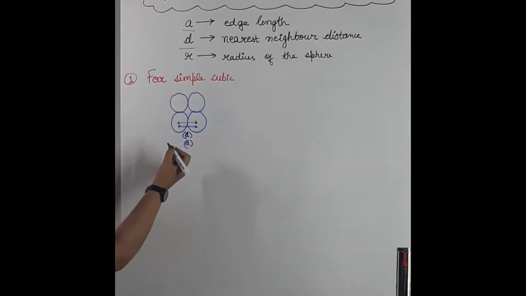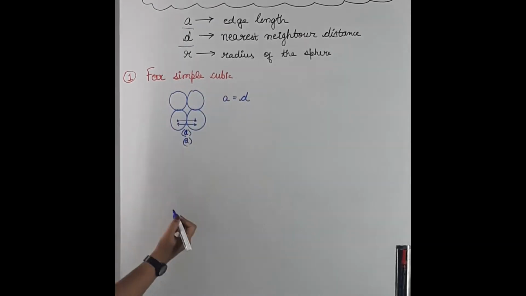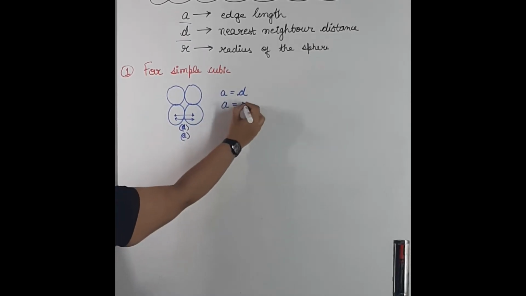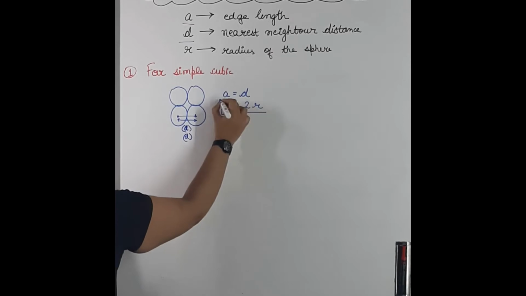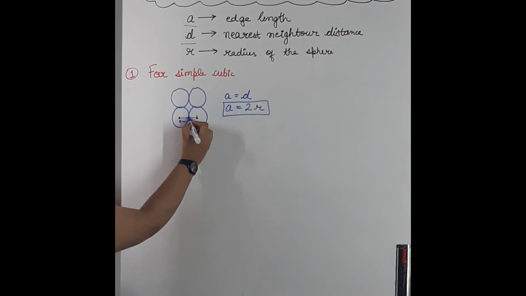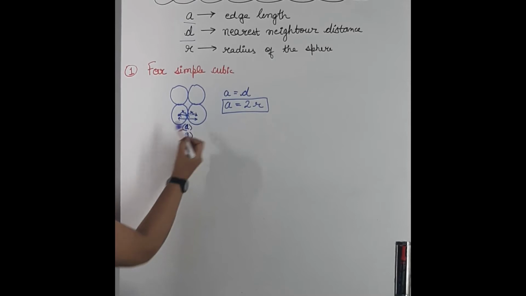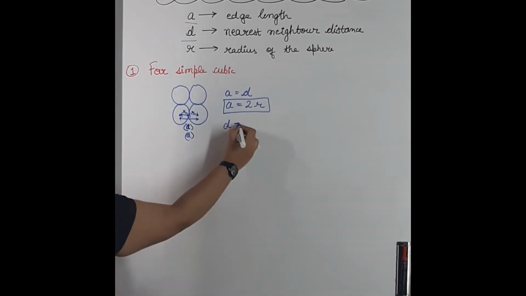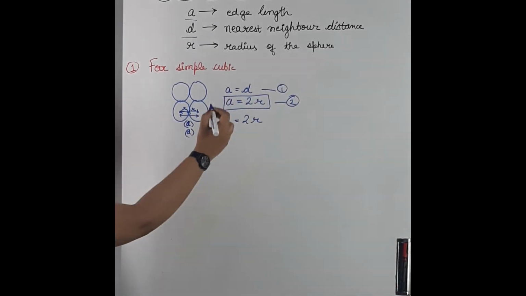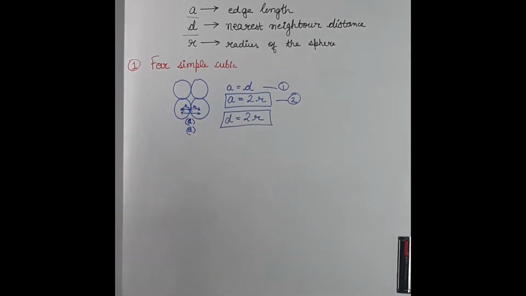So by coincidence A is equal to D in the simple cubic system, and also A is equal to 2R, as we have discussed earlier. It is also visible through this diagram, that this is equal to 2R. So D is equal to 2R from equations 1 and 2. This is the case for the simple cubic system. Very easy.